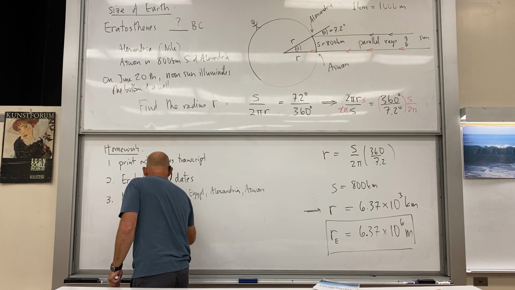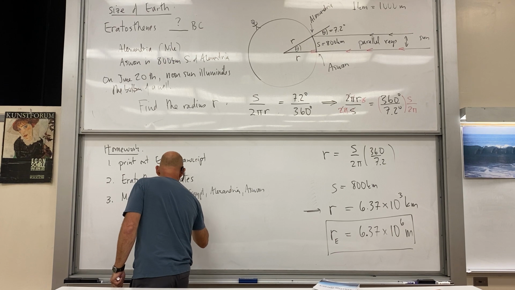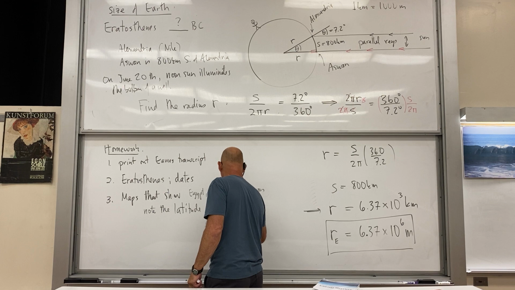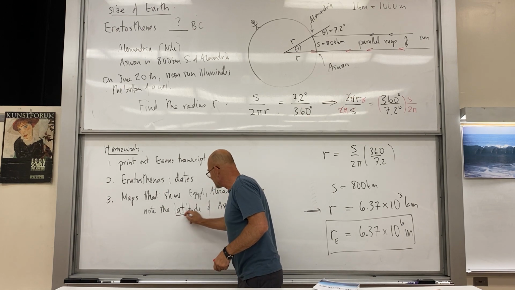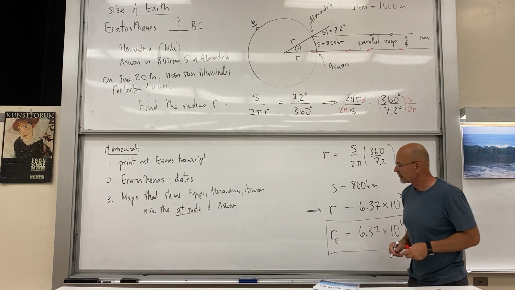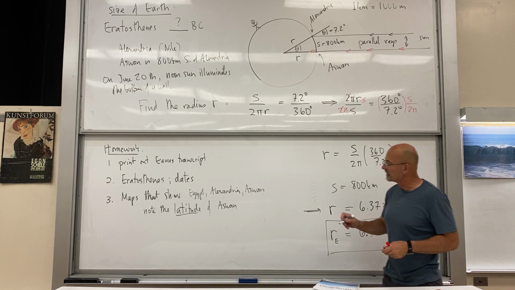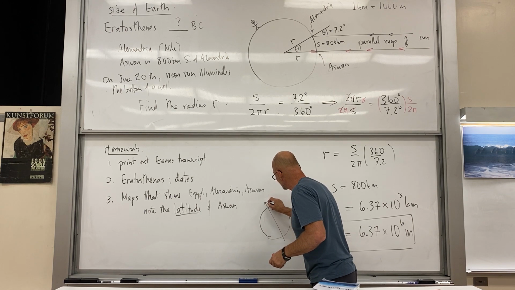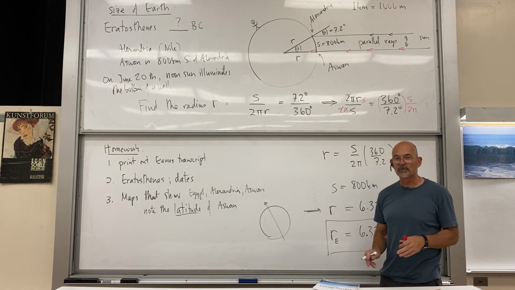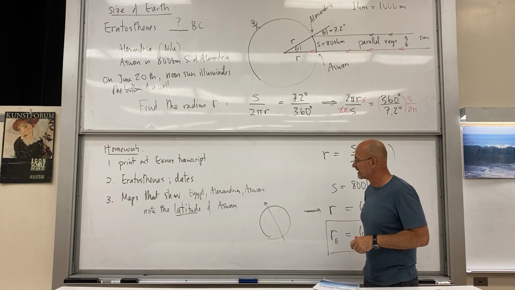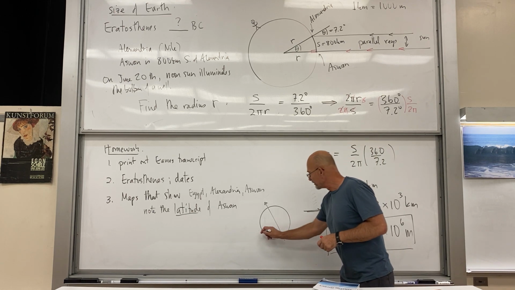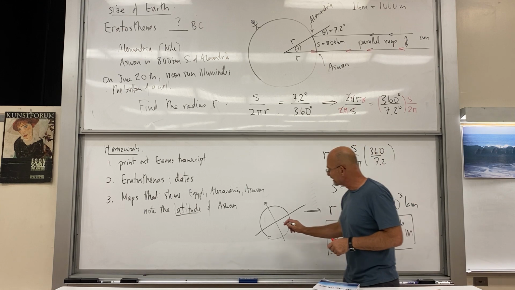Note the latitude of Aswan. And that has to do with the tilt of Earth's axis with respect to the orbital plane. Because what does it mean for that well to be illuminated by the sun directly overhead?